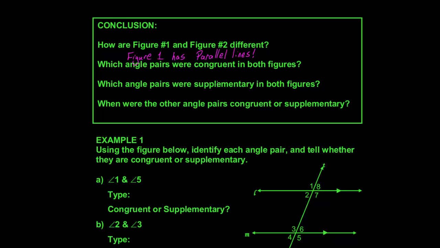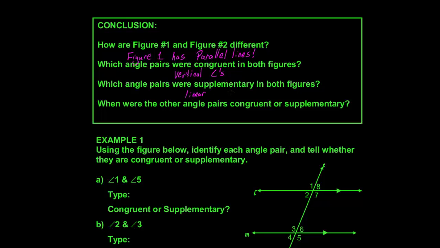So, parallel lines are in Figure 1. Which angle pairs were congruent in both figures? By the definition, our vertical angles.